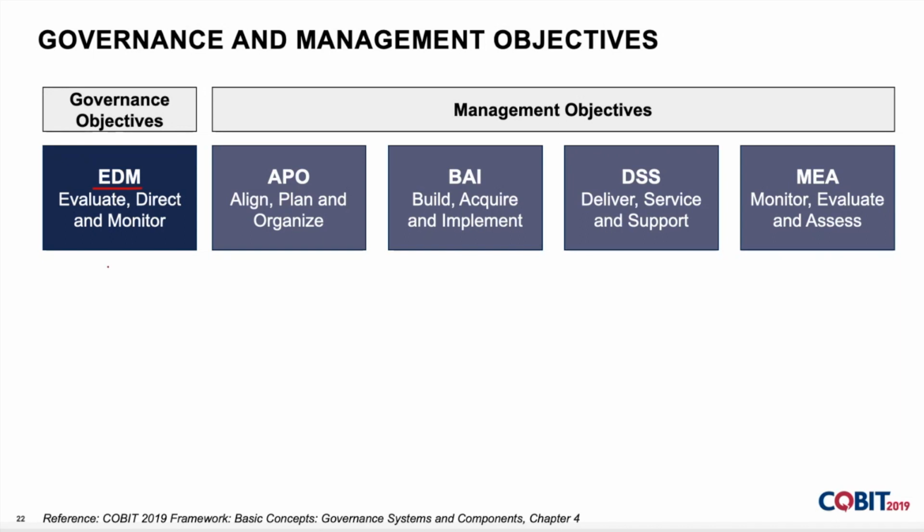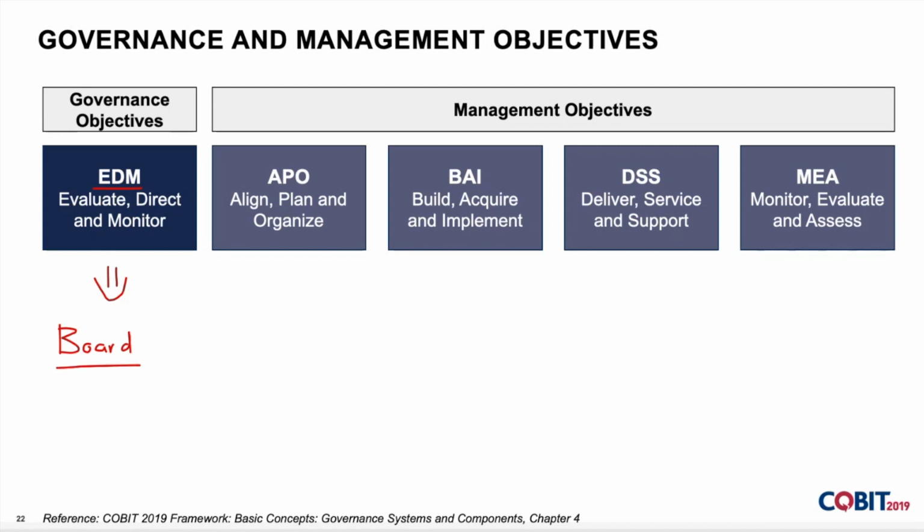And this objective was to steer the organization towards the future. In EDM, the responsibility typically lies with the board. And with the board, we are going to set the controls and the strategy for the organization.